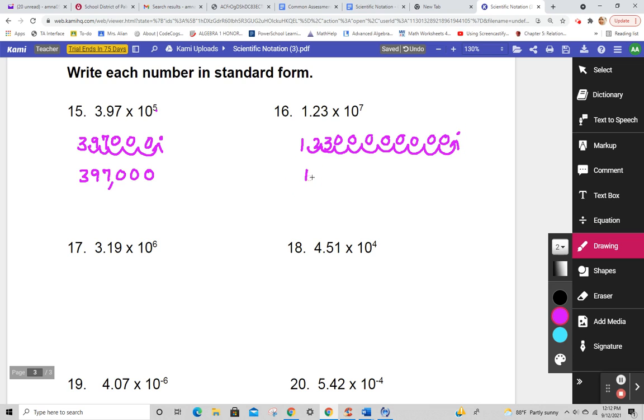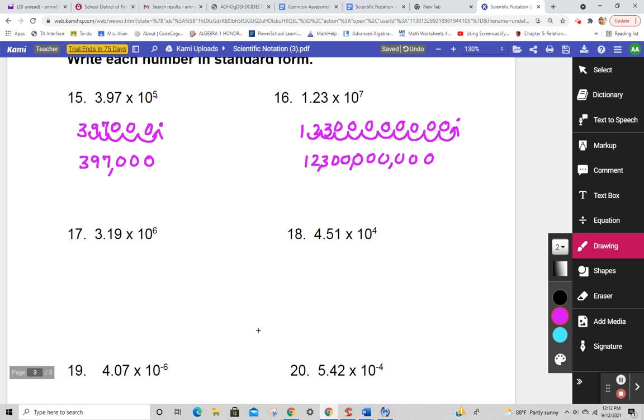All right, so then this is our number. How many zeros? 1, 2, 3, 4, 5, 6, 7, 8. 8. All right, so now set off each 3 digits, going from right to left with a comma. There we go. All right, let's do the next one.